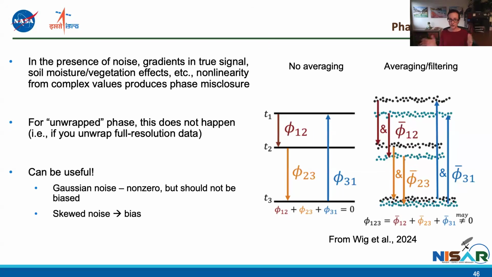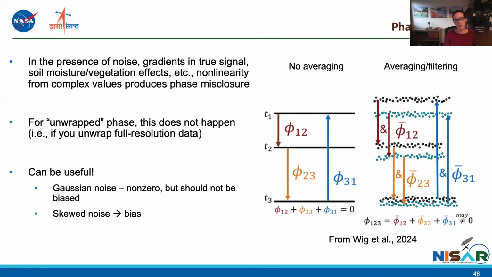If you have Gaussian noise, things that are just evenly distributed around 0, these biases should also be distributed around 0. But if you have skewed noise, which you can get from soil moisture and vegetation, then you'll get a bias. And over long time intervals, you can see that bias add up. I'm going to skip a couple slides just to make sure I finish up here.